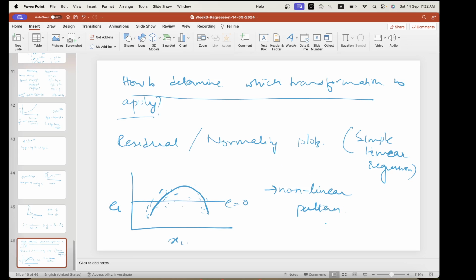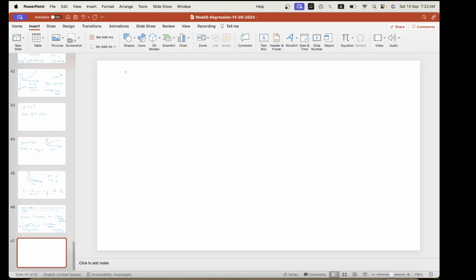And if we see some nonlinear pattern, then we can transform the x's. Instead of linear terms we can add polynomial forms of x, but this is not always possible.